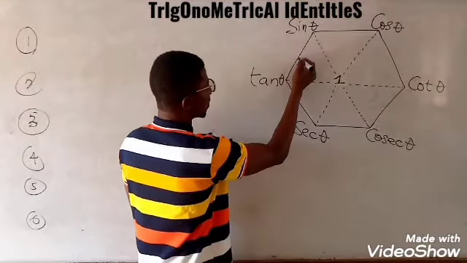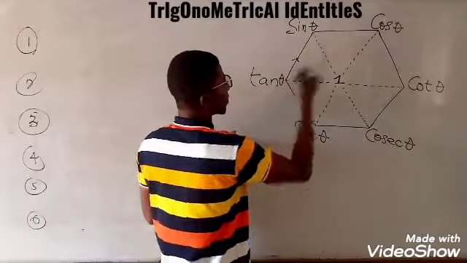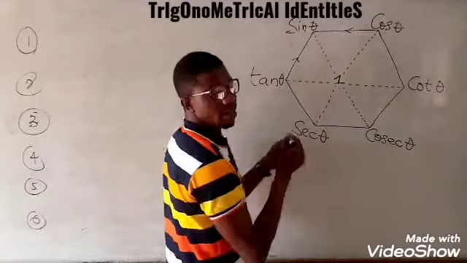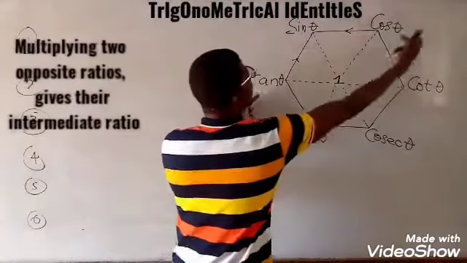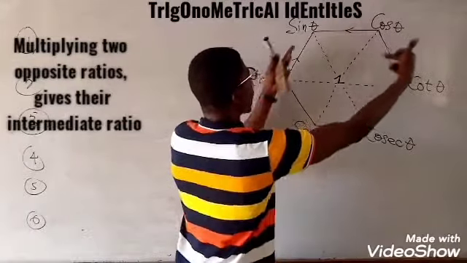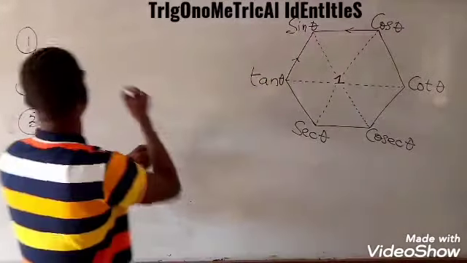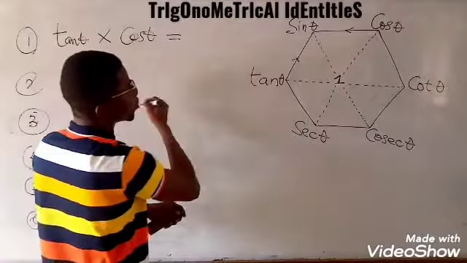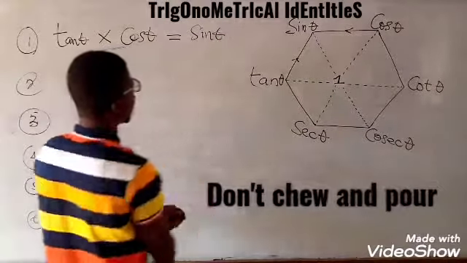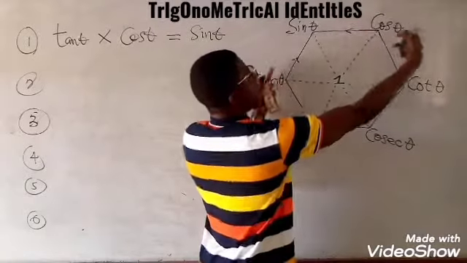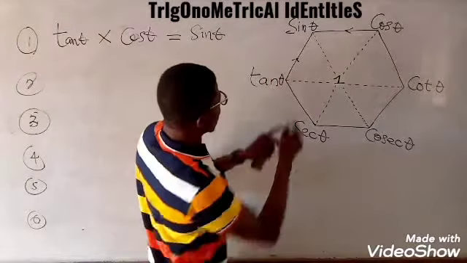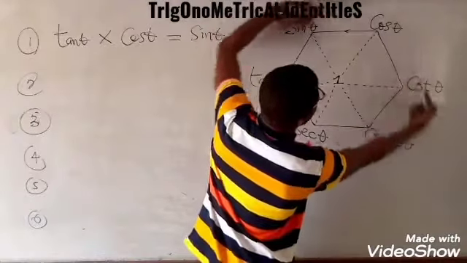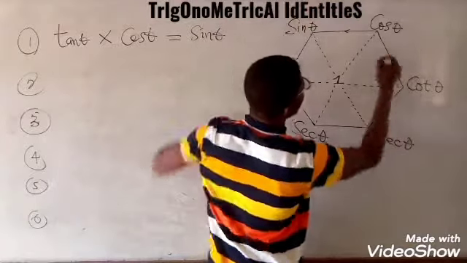When tan multiplies the cos, the result is sin theta. So when they multiply in the opposite direction, the result is this. So it means that tan theta times cos theta is equal to sin theta. When sin multiplies cot along this direction, we shall have cos.